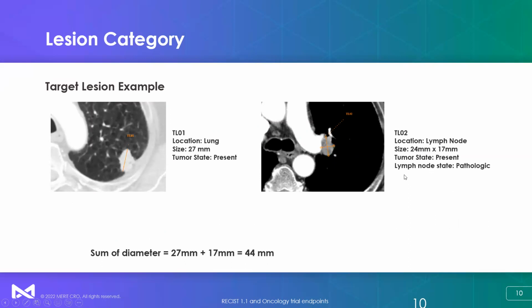The tumor state is present, and the lymph node state of pathologic is recorded for this particular lesion. Then the sum of diameters should be calculated, and it would be 27 plus the 17, which is the lymph node short axis, adding up to 44 millimeters in this example.